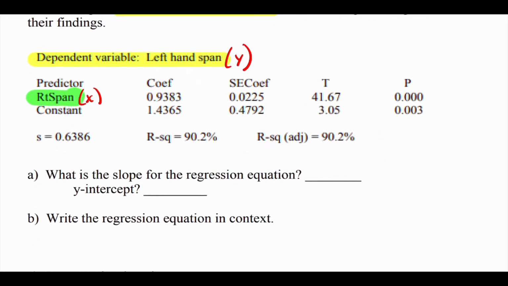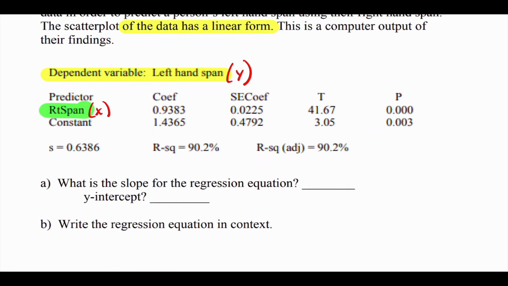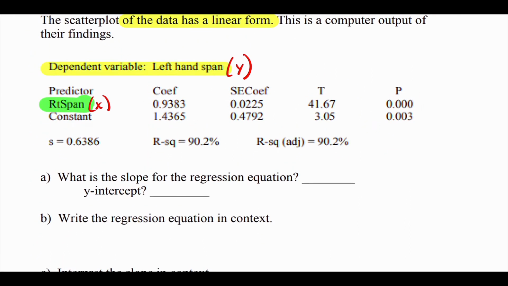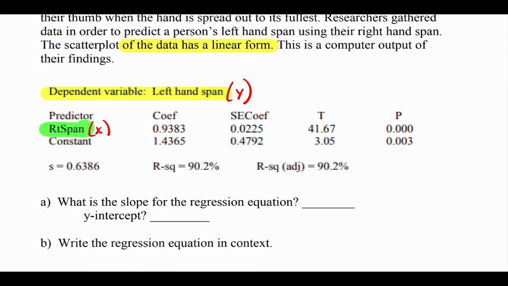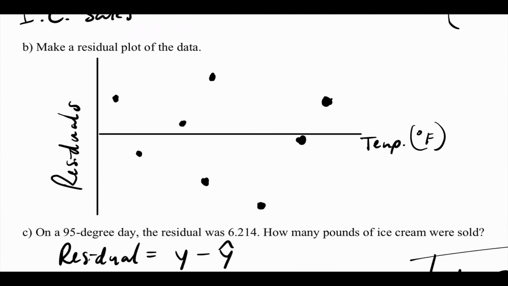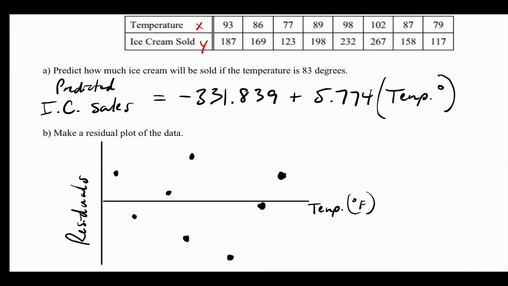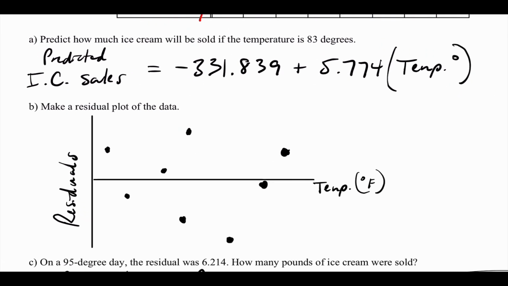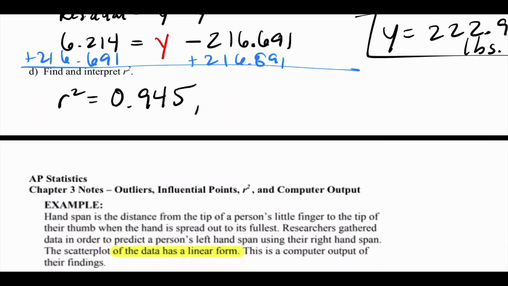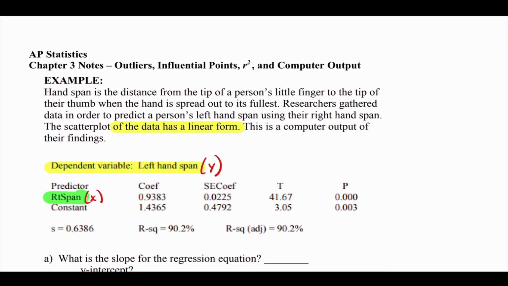Okay, so the first one says the slope. What is the slope? Think about our equation. When we're writing an equation, let me write it up here. The generic form: y hat equals a plus bx, right? That's the one that's in your calculator.